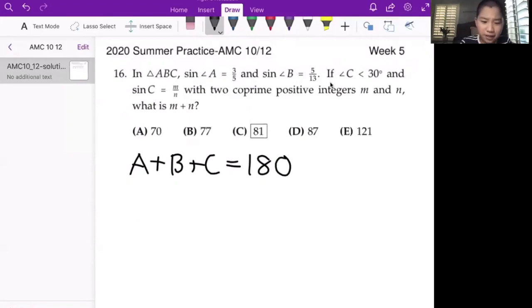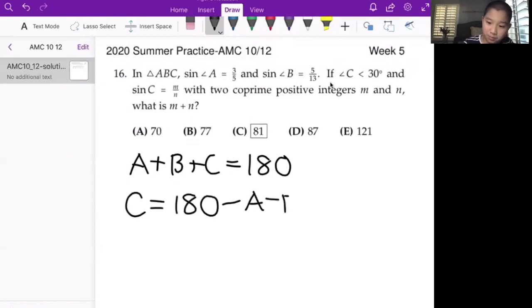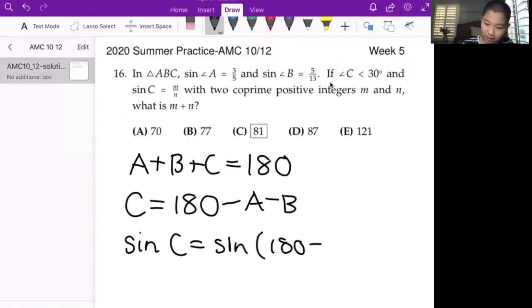So to calculate sine C, we can have C equal to 180 minus A minus B. Then take the sine of both sides, we get sine of C is equal to sine of 180 minus A minus B.